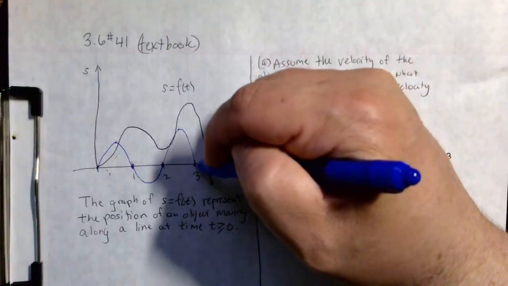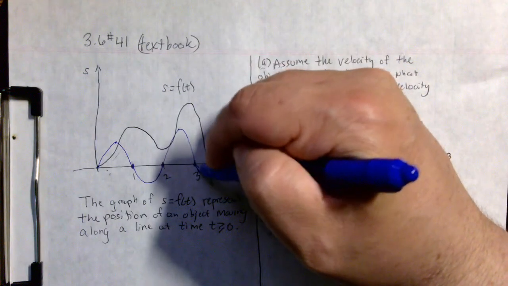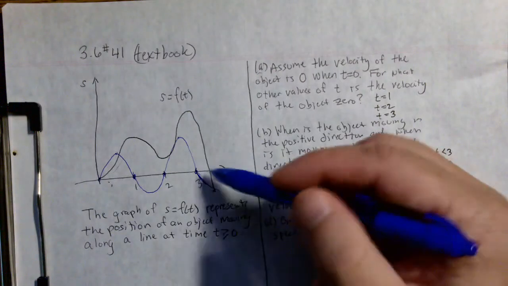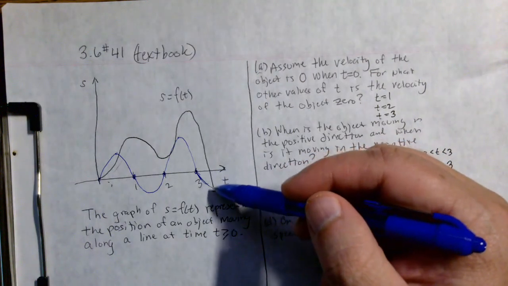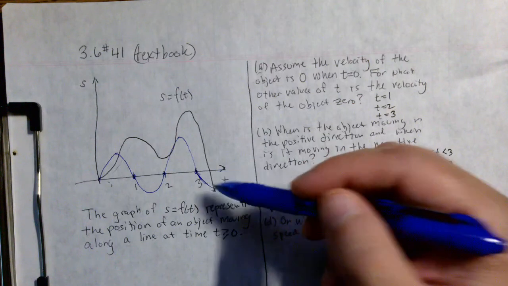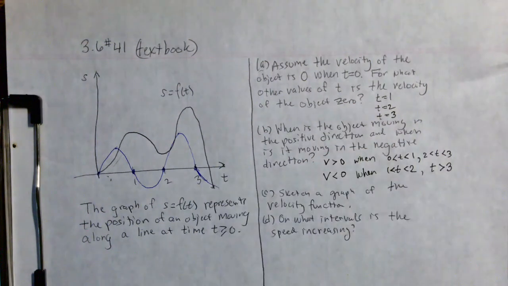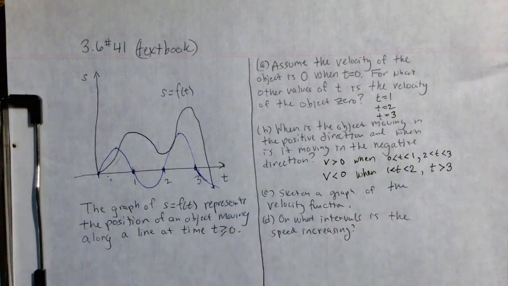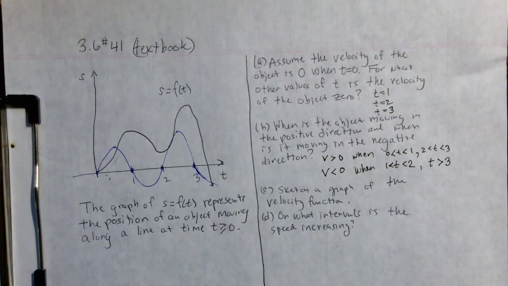And then here we're going to see something where it remains negative, and if the position becomes more and more steep in its decline, then that means the velocity function will get further and further away from 0. So that's roughly what the derivative should look like.